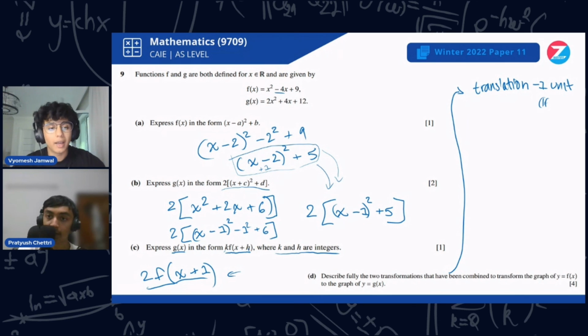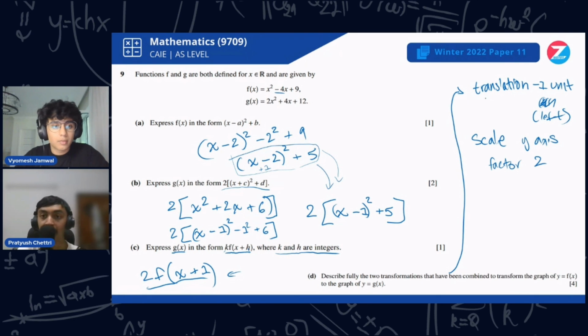Left, and scale in the y-axis by a factor of 2. So each of these things gets a mark. Translation 1 mark, and the units 1 mark, in the x-axis. Scale 1 mark, y-axis factor 2 mark.